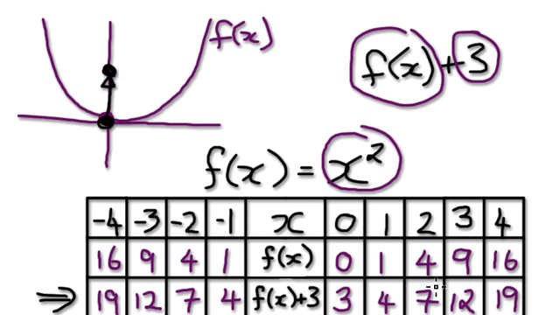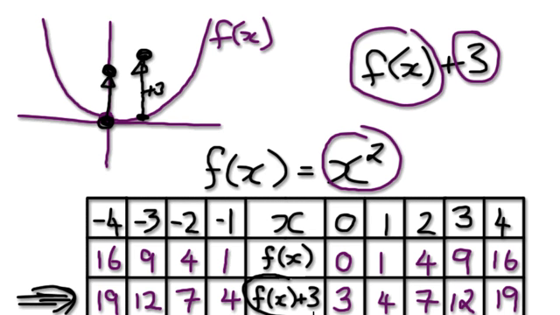Okay, and then now look at when x is 1. Well, when x is 1, the old f of x would be 1. So the old f of x would be 1 here, but for f of x plus 3, you would add 3 to it. You would take it to a 4. So in effect, you're adding 3. So you shift it up by 3 steps, and so on.